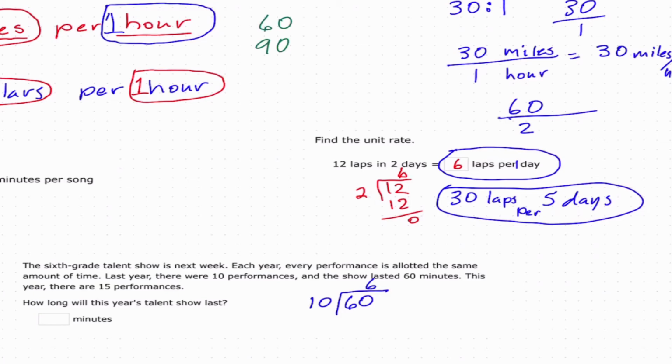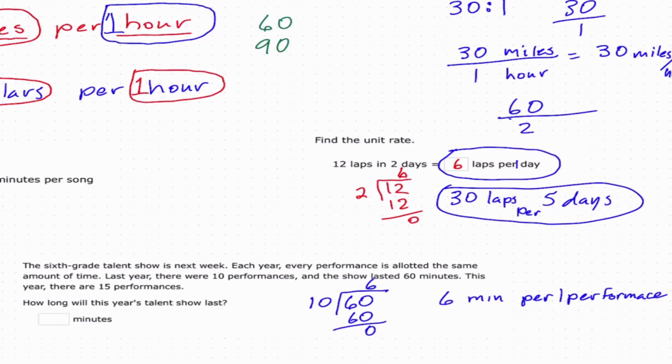And we know that that one is going to go in there 6 times. So our rate is actually 6 minutes per performance. So basically, each performance lasts 6 minutes, right?